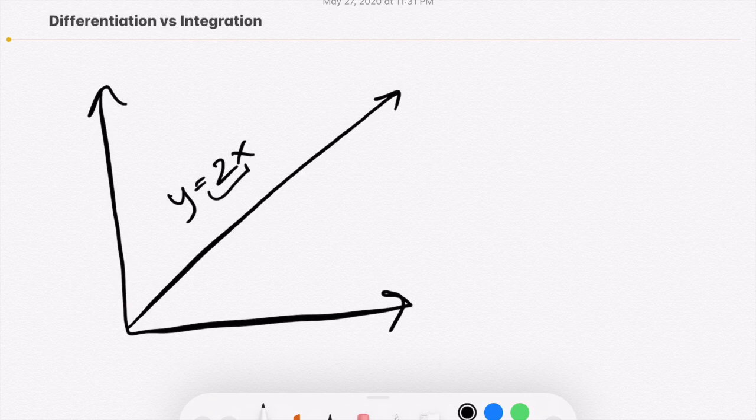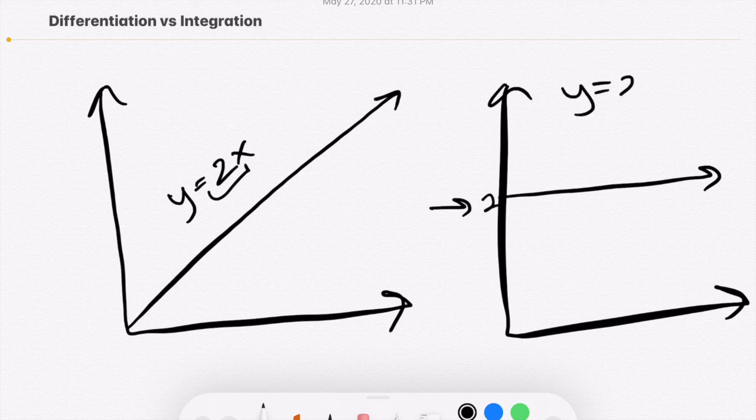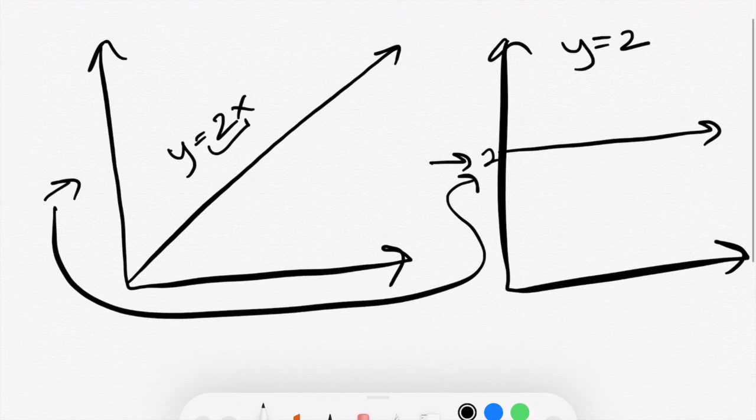So then if we were to create a graph modeling that derivative, we would get something like that. If this is 2 right here, this is y equals 2. Right, so the derivative of this graph would then produce something like that. Good. Because the slope at any given moment in time of this graph is 2, we know that this function will always be 2. Now, what about if we want to get back here?